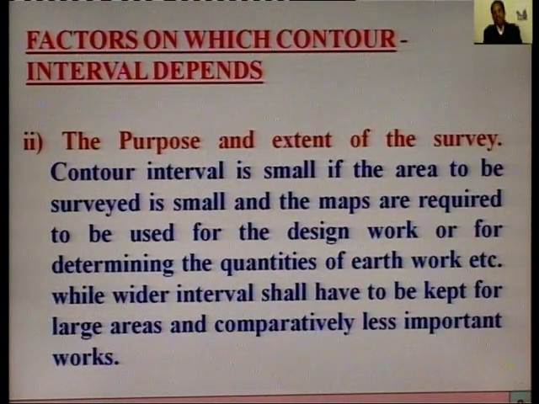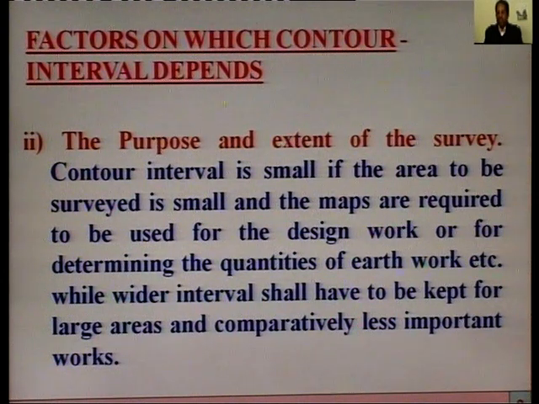Second is the purpose and extent of the survey. Contour interval is small if the area to be surveyed is small and the maps are required to be used for design work or for determining the quantities of earthwork, etc. So, contour interval will be small, while wider interval shall have to be kept for large areas and comparatively less important works.